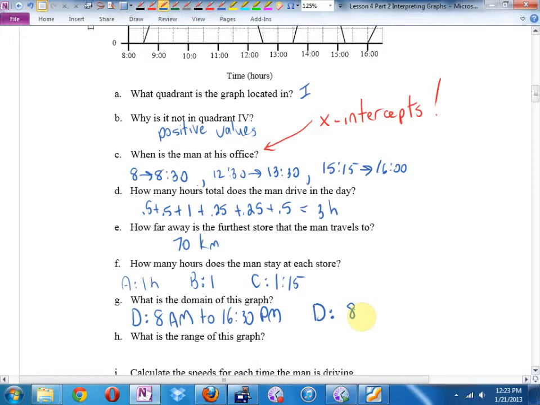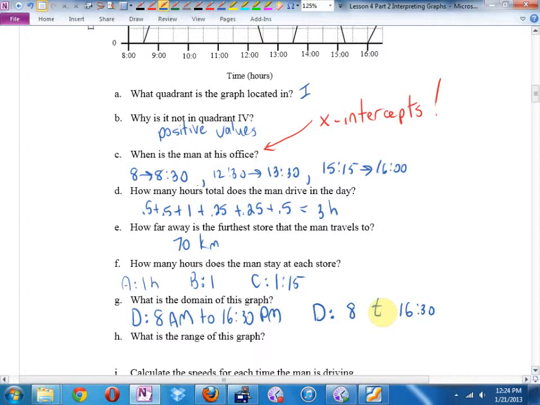What's the biggest x value that appears on this graph? It's all times between 8 and 16:30. So we're going to put a T in the middle. And what we want to show is that all the times are bigger than 8 a.m., because they are, but smaller than 16:30, than 4:30 p.m., because they are.